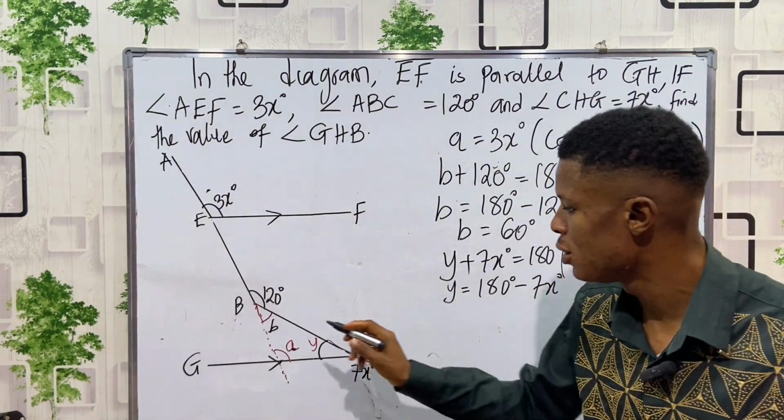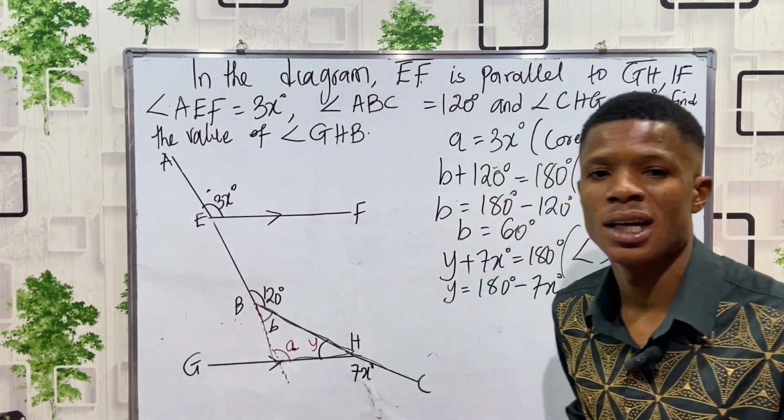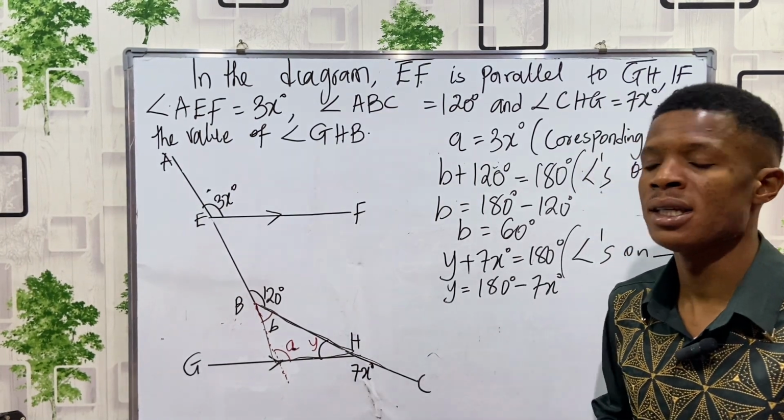A clear observation is that we have a triangle in here. And you know that the sum of angles in a triangle adds up to 180 degrees.